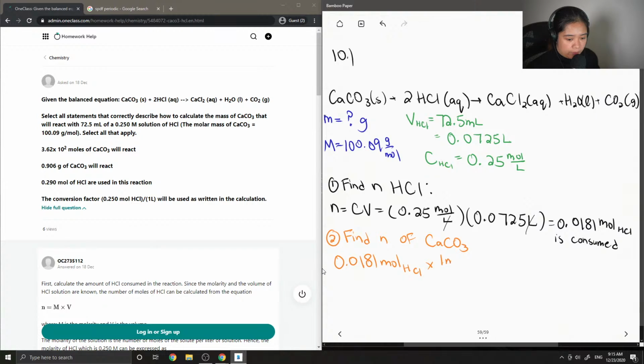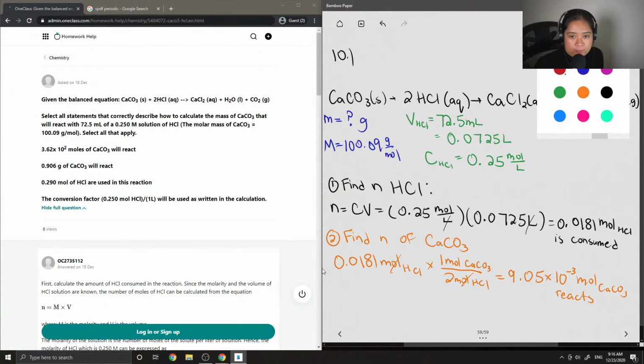So we do the mole ratio, 1 mole calcium carbonate for every 2 moles of HCl. You'll see the moles of HCl cancel out. We divide that by 2, and we get 9.05 times 10 to the negative 3 moles of CaCO3 that reacts.